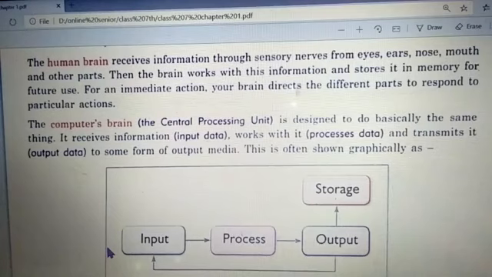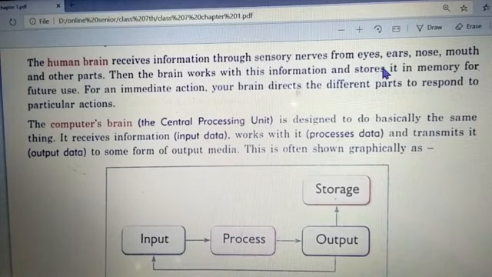Okay, children. Here is an example of how the human brain works, how it receives information through the sensory nerves of eyes, ears, nose, right? Then the brain works with this information and stores it in your memory for future use.